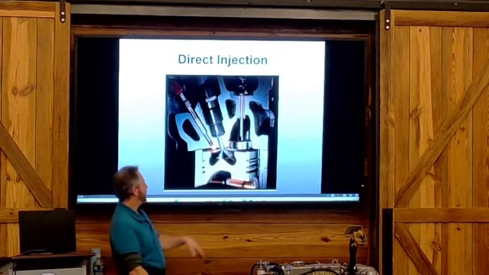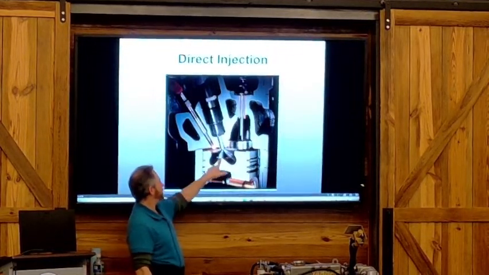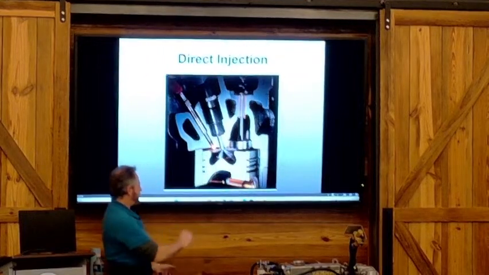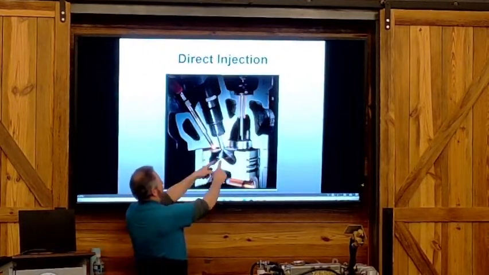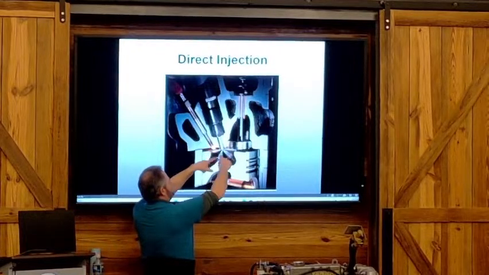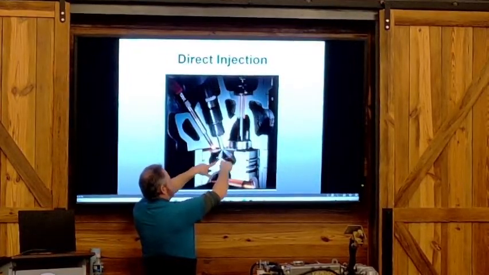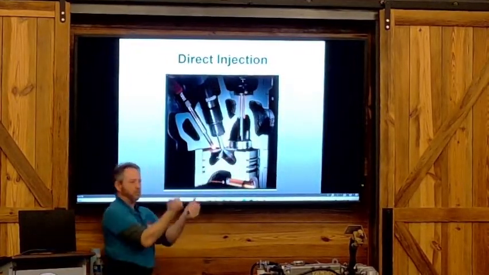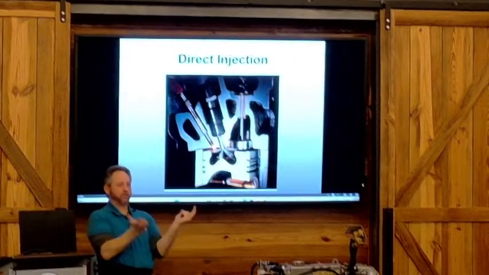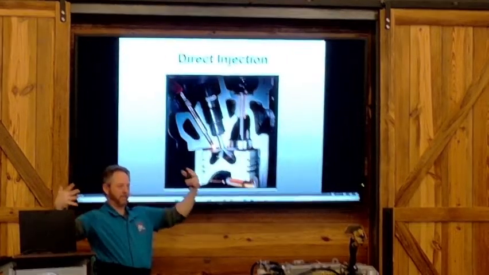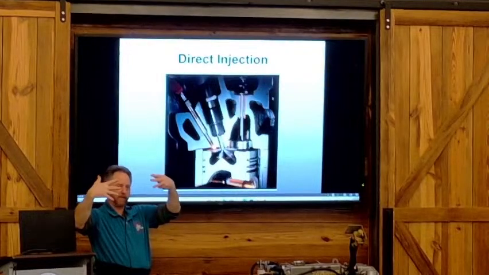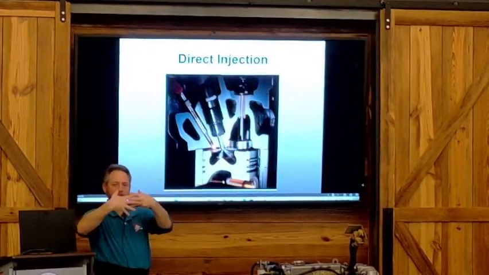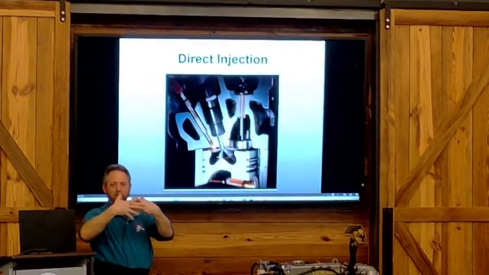And on this swirl cup you can see this peak right here. When the piston's coming up, it causes the air to rotate like this in the cup, and you can see the fuel is spraying in the opposite direction of the air movement. So the oxygen molecules and the fuel molecules go opposite of each other. You get a better mixture and a cleaner burn.